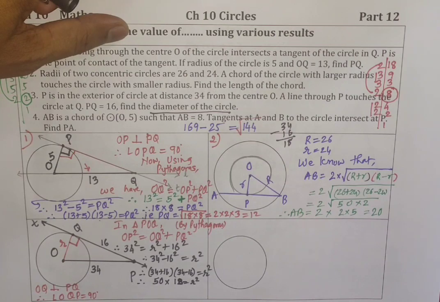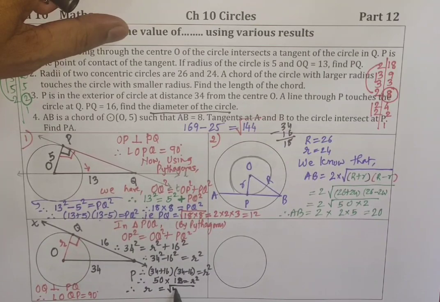Now the same idea I'm going to use. Children, let's use the same idea. Therefore, R is equal to square root of 50 into 18. Yeah, taking square root on both sides. ये R square में से R बचा और ये square root.